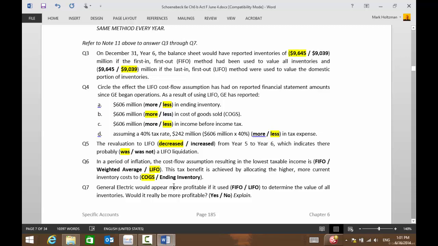And GE would appear more profitable if it used FIFO. But would it really be more profitable? No. Why not? Yeah, because it's paying more taxes.